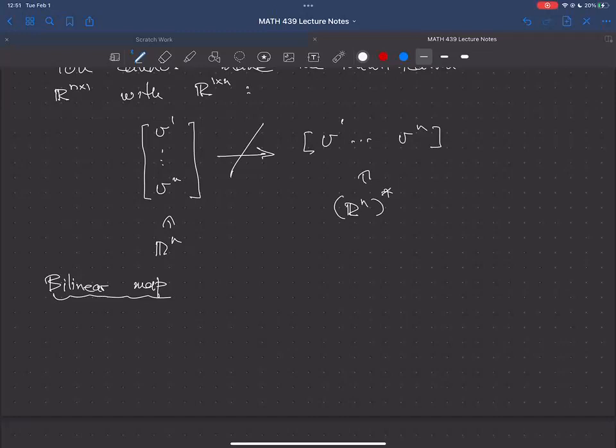But before we get to that, let's actually talk about what they are. And again, we're doing very simple linear algebra, no complicated infinite dimensional spaces or anything like that. So let V be a finite dimensional real vector space.